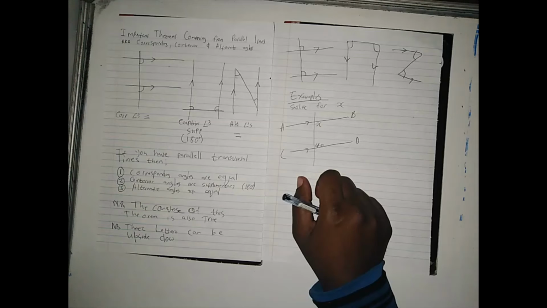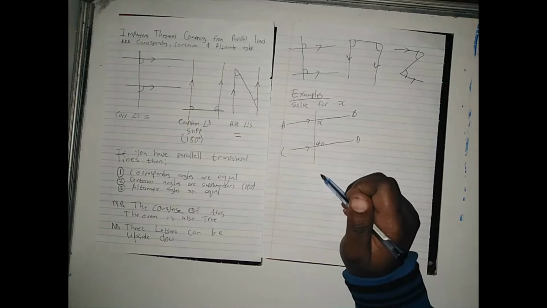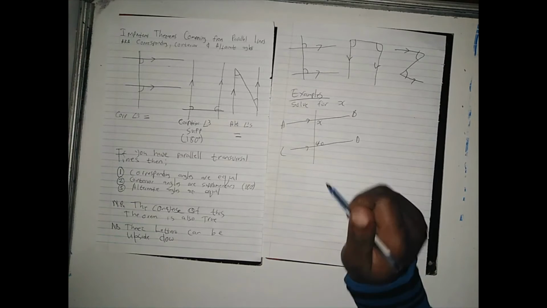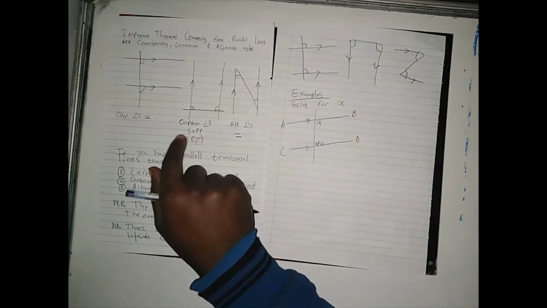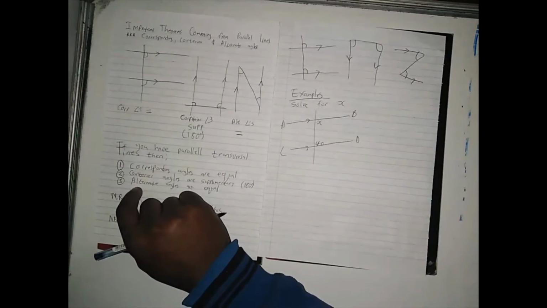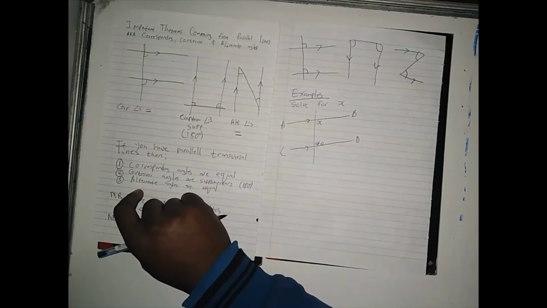And then I would say to myself, okay, how can I combine what I've been given and what I've been looking for? So what you are given and what you are looking for is in a U shape. So in our theorems, what is it that is on the U shape? Aha, there we go. It is co-interior angles. Now what does that theorem say?